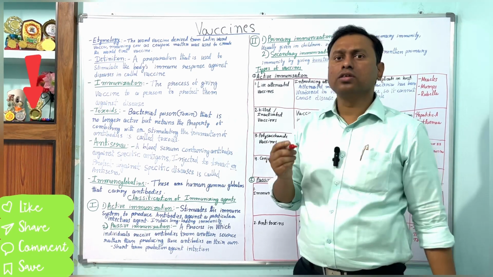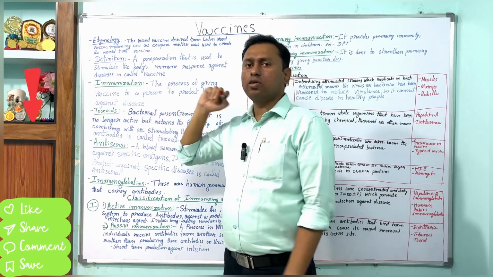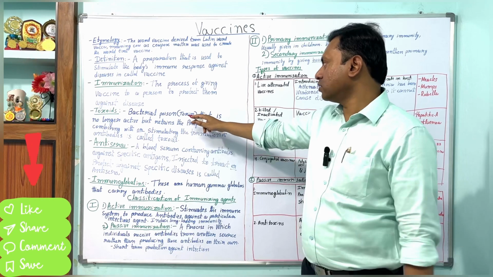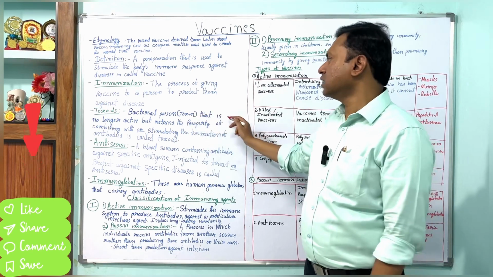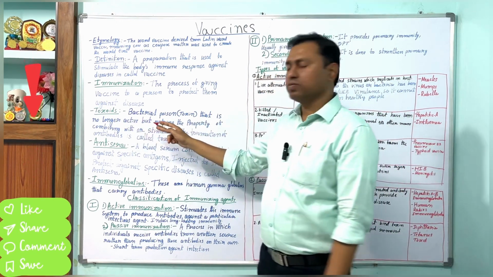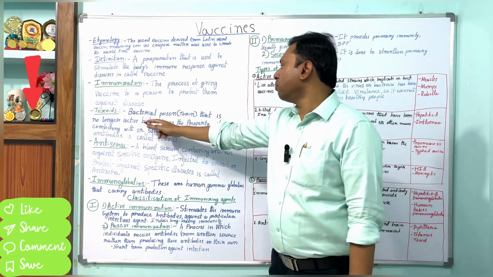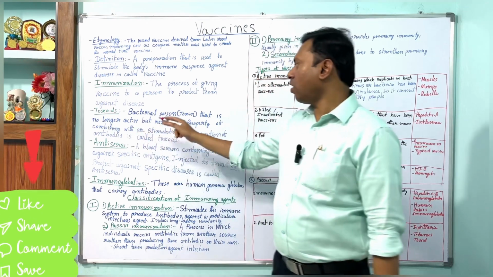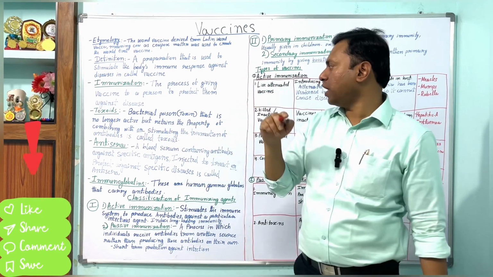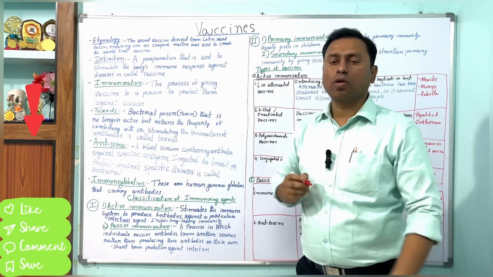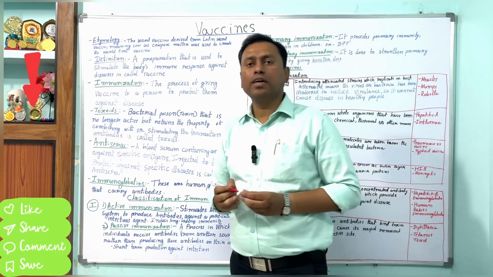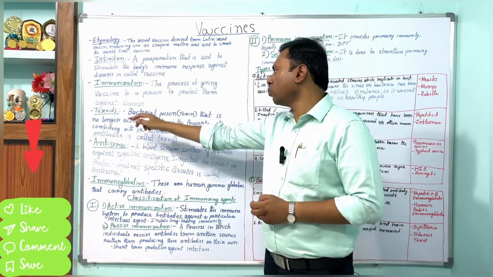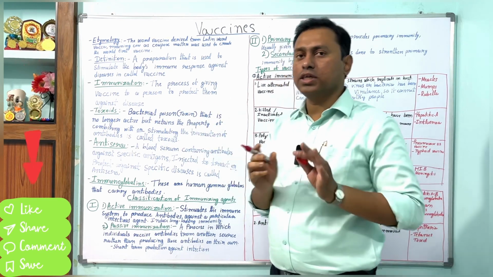And next, we will know the meaning of toxoids. What is called a toxoid here? The bacterial poisons, called toxins, that are no longer active, which are inactive, but retain the property of combining with or stimulating the formation of antibodies, are called toxoids.